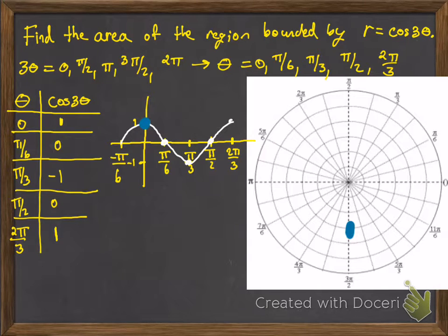So at 0, we're all the way out at 1. At pi over 3, it's down at negative 1. So the directed distance is not going to put us here, but it's going to direct us in the opposite direction. So we'll actually have the rose petal here.